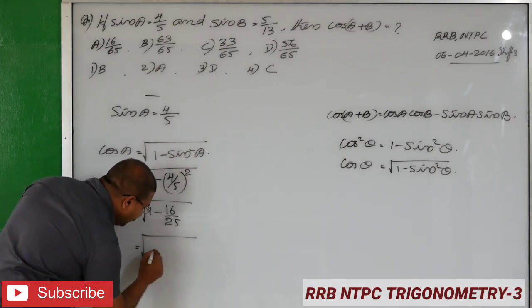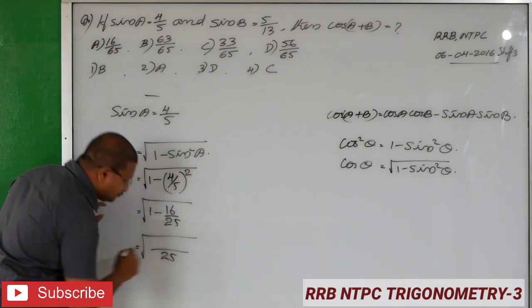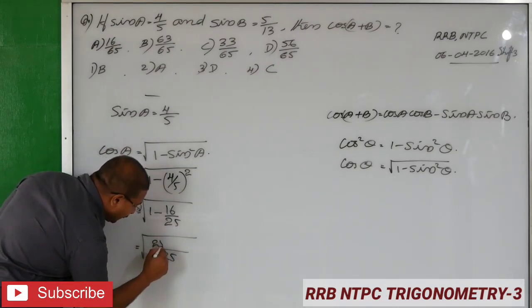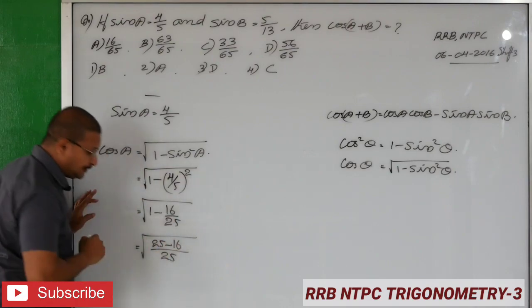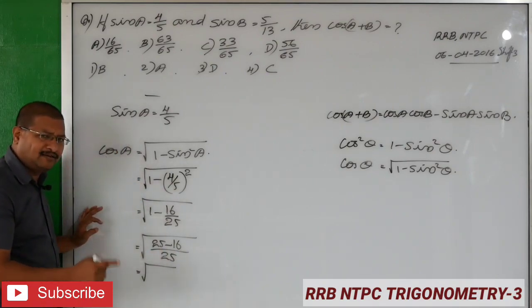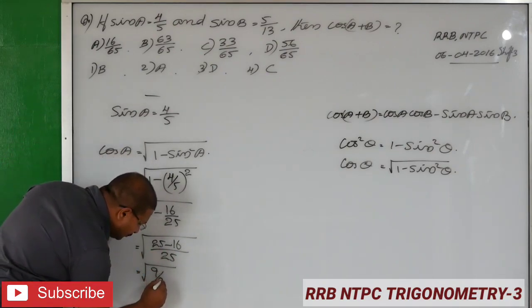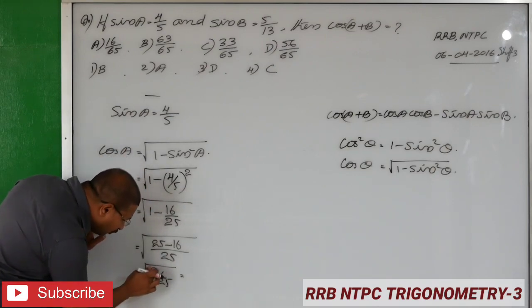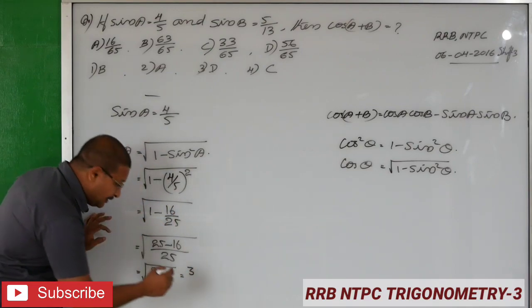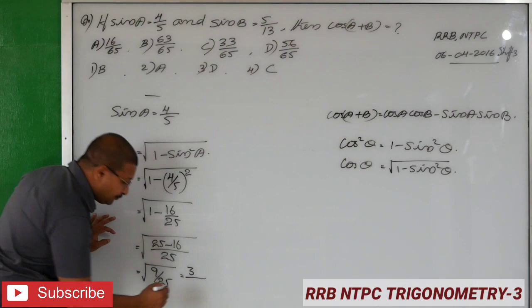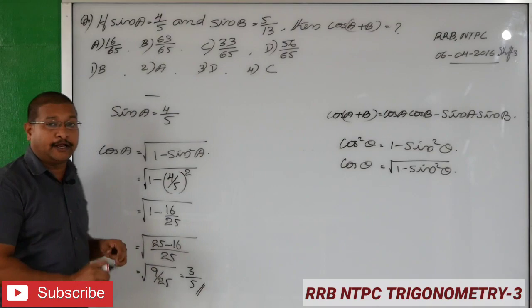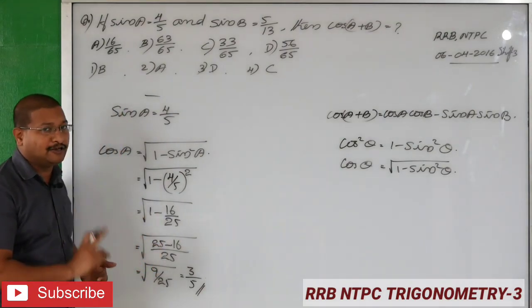We take the LCM 25 and multiply, so 1 into 25, 25 minus 16 is 9, giving root of 9/25. That equals square root of 9, which is 3, divided by square root of 25, which is 5. If you have doubt about how to take square roots, we have other videos; please make sure you watch them.